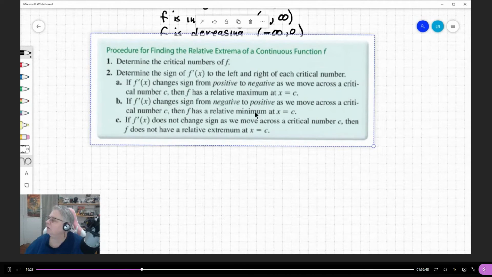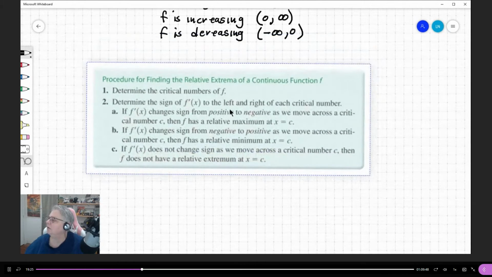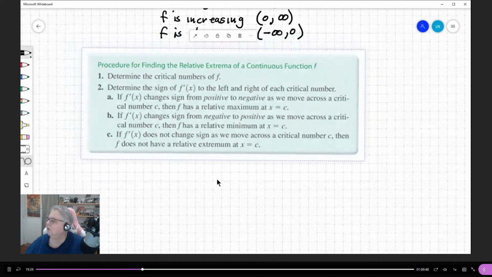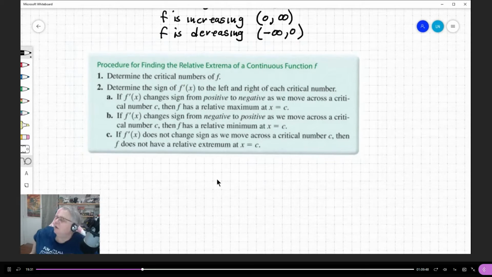Okay. All right, so here is our process. You determine what are called the critical numbers. So the critical numbers for a function are anywhere where the first derivative is 0 or the first derivative is discontinuous, where it's not defined.